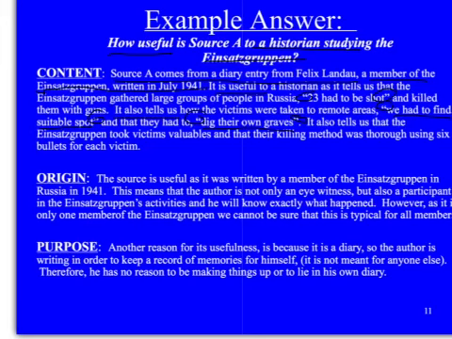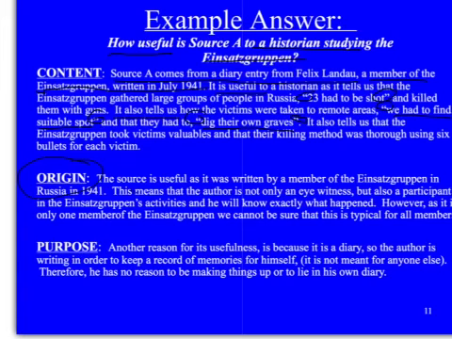The next paragraph in the answer is about the author of the source, or the origin, and when and where it was written. This paragraph also begins by explaining how and why the source is useful.